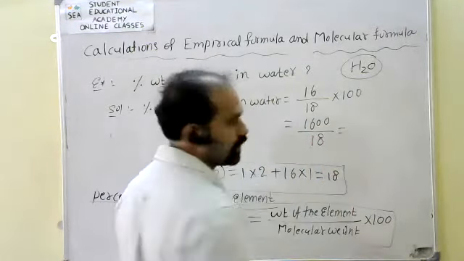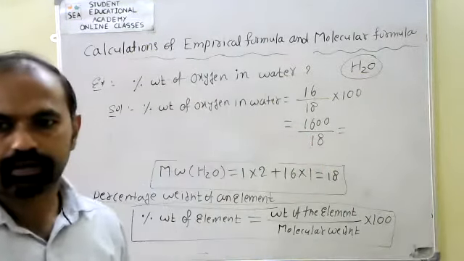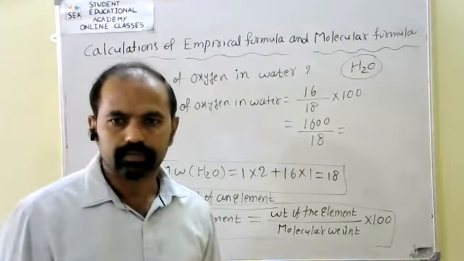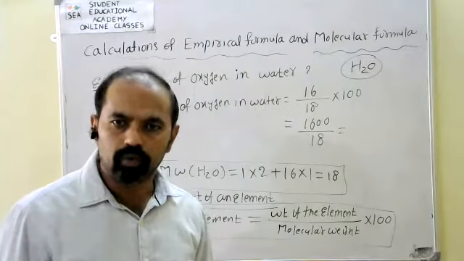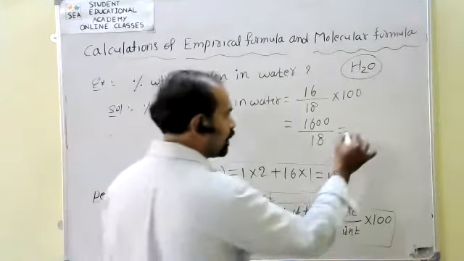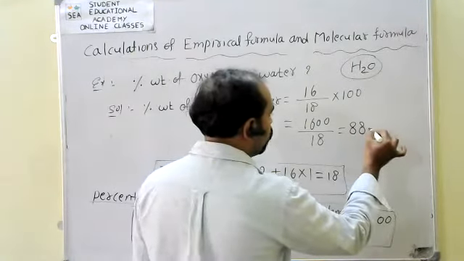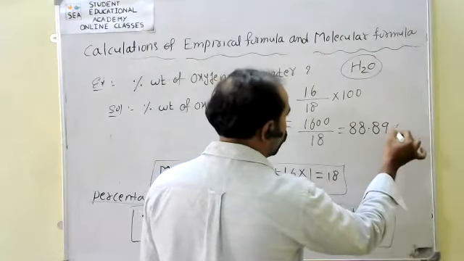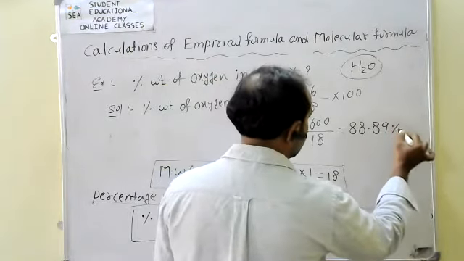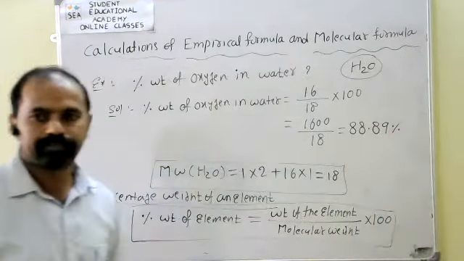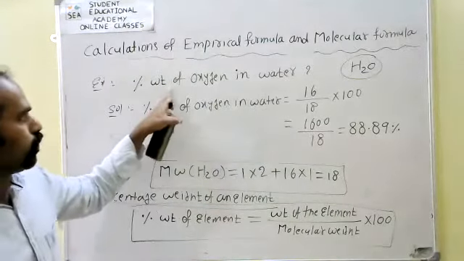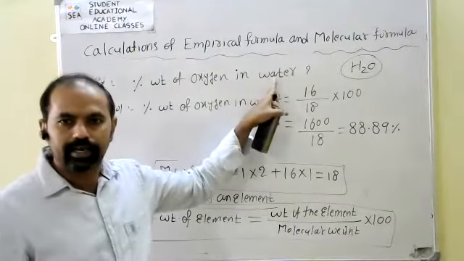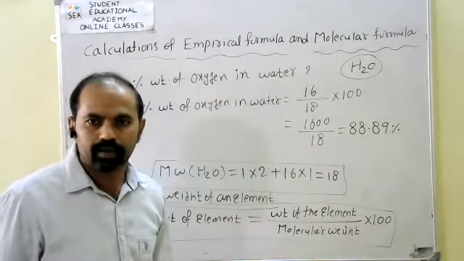How much do we get? 88.89 percentage. This is the percentage weight of oxygen in water.